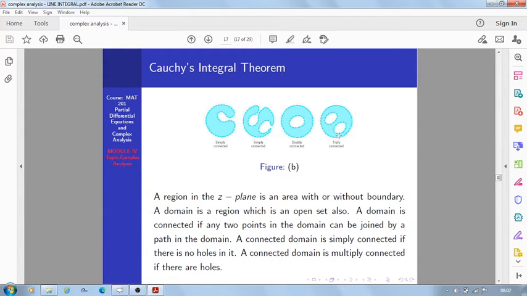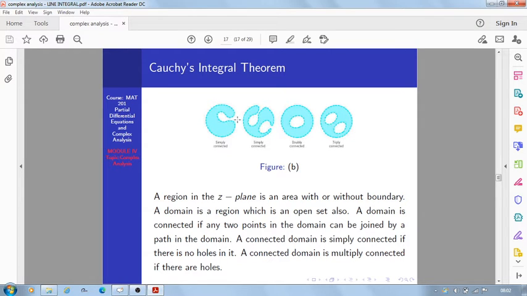This is also connected. Now we say that a region is simply connected if there are no holes in the region, or in other words, the boundary of that region will be a single curve. If you look at this region, the boundary of this region is this simple closed curve.